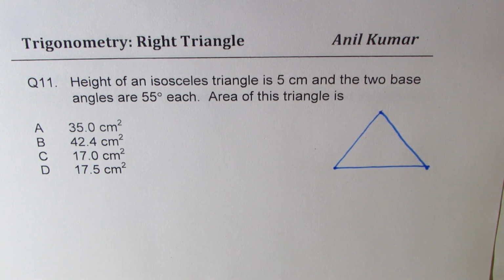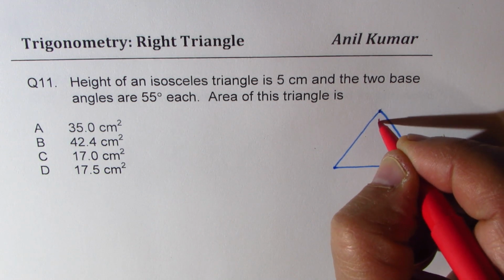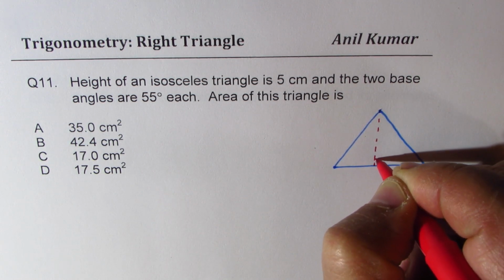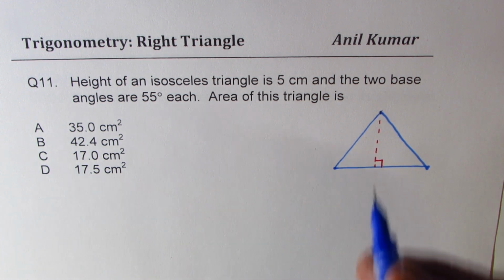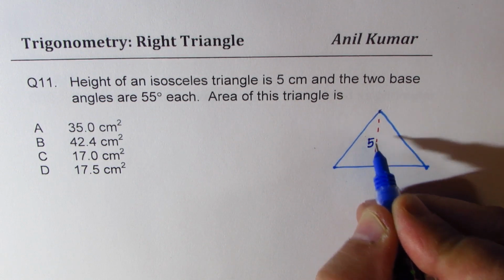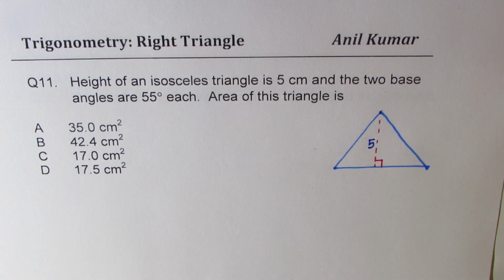So let us say this is our isosceles triangle, and what we are given here is that the height is 5 centimeters, correct? So that is the diagram. So this is the height 5. We also know that the angles at the base are 55 each.